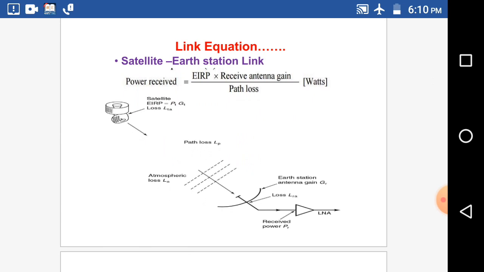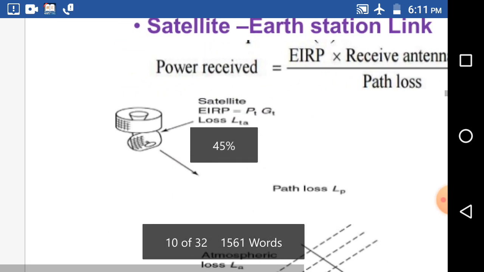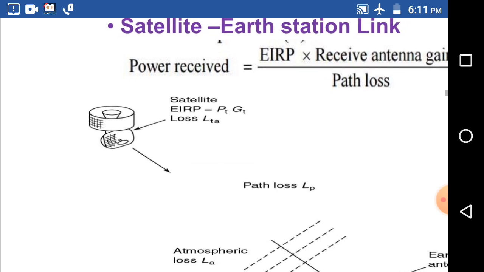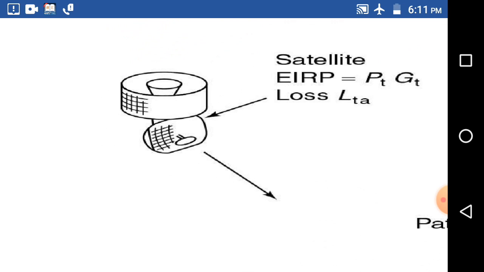in which the link equation of general communication and this communication system are the same, only the difference is loss. There only one loss is present, that is known as path loss, but here other losses are present. You can observe carefully the satellite. In the satellite we are using one transmitting antenna, so this antenna creates some loss.